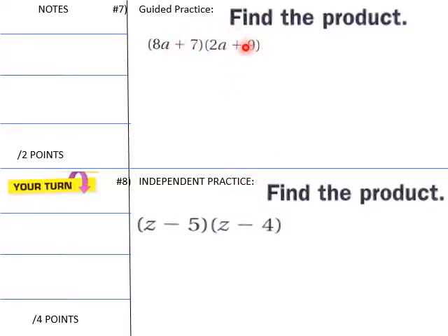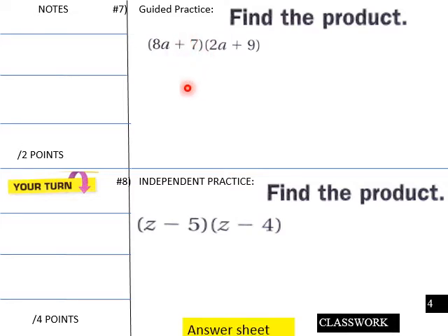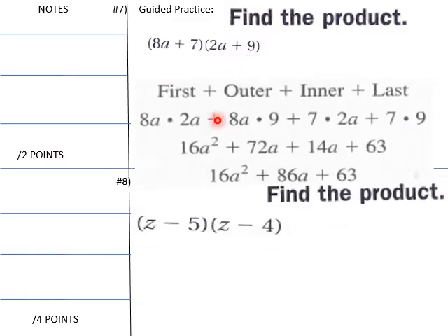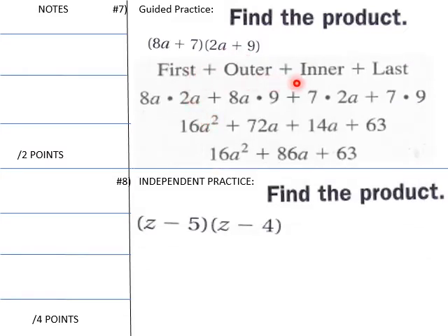So we're going to find this product here, quantity 8a plus 7 times quantity 2a plus 9. And then this is yours down here, students. Let's do this one up here first. So for this product up here, 8a plus 7 times quantity 2a plus 9, we're going to again use FOIL.